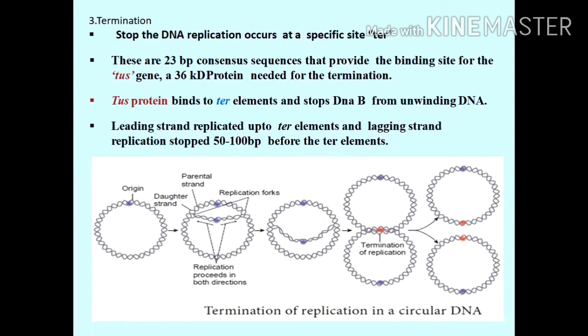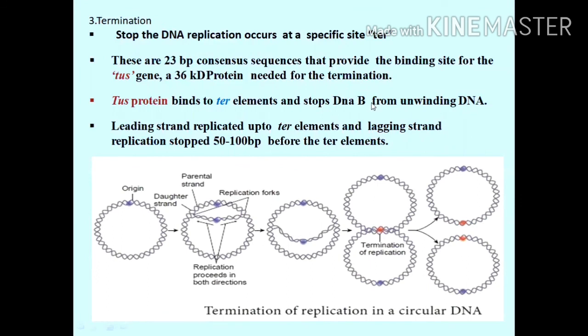Then the two newly synthesized DNA strands fully separate and make two daughter DNA molecules. Tus protein binds to Ter elements and stops DnaB from unwinding DNA.